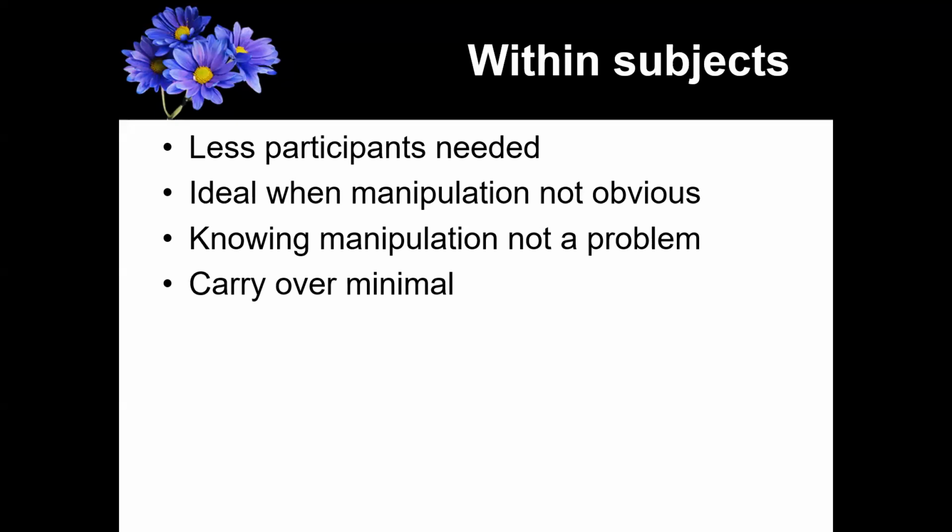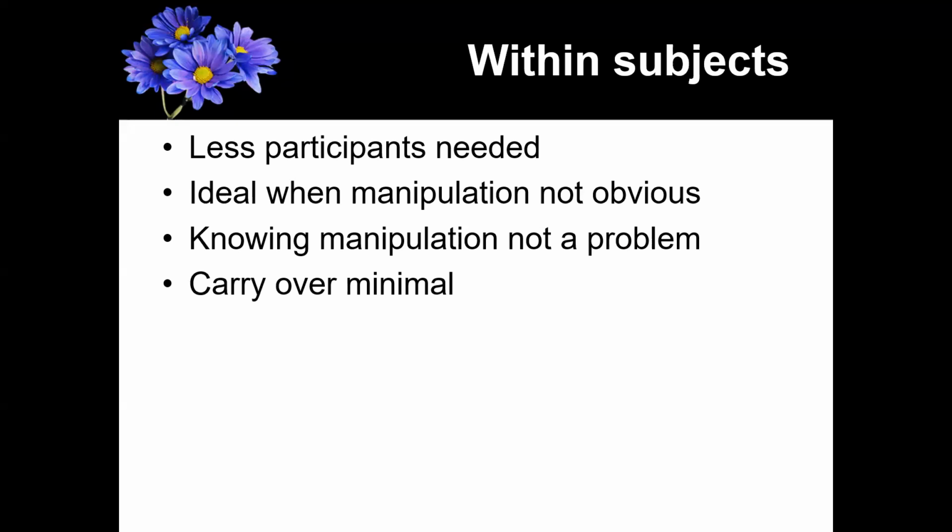Like, let's say they study something differently early on, and then they have to recognize it later, but it's really hard or impossible to remember what you did when you were studying. Well, that would be an example where the manipulation is not obvious, and even if they did figure it out, it shouldn't really matter. When the manipulation is not obvious, it should be fine to use a within subject design.